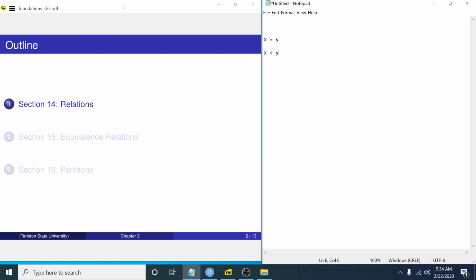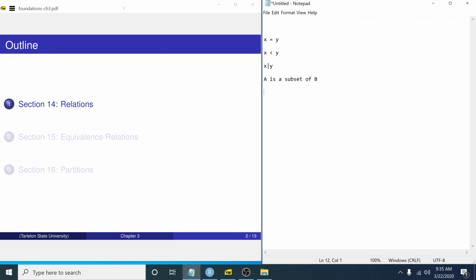less than operation. Or, there's nothing special about real numbers here. We could be talking about integers and say that an integer x divides an integer y. So this divisibility operator that we've been working with this semester is an example of a relation. We could say that a set A is a subset of a set B. That would be an example of a relation.